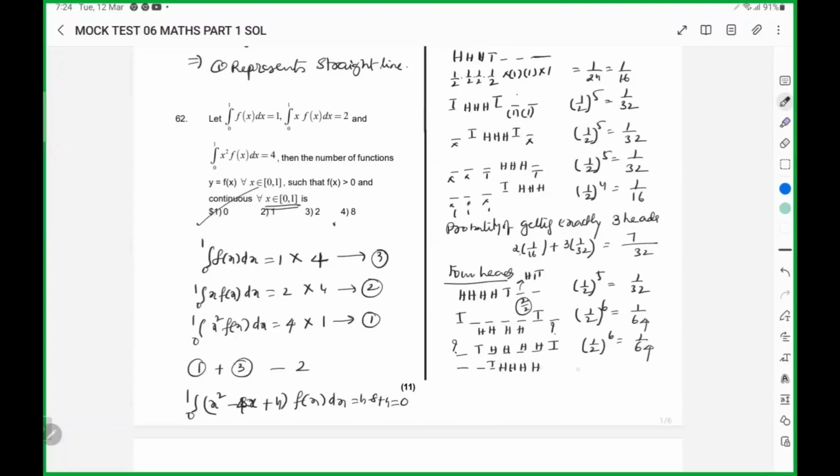Here tail. That is 1 by 2 power 5, 1 by 32. Probability of exactly 4 consecutive heads will be 2 times 1 by 32 plus 2 times 1 by 64, which is 3 by 32.